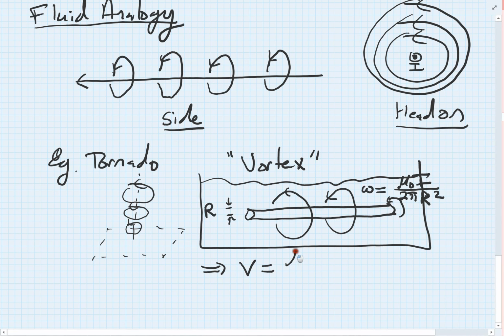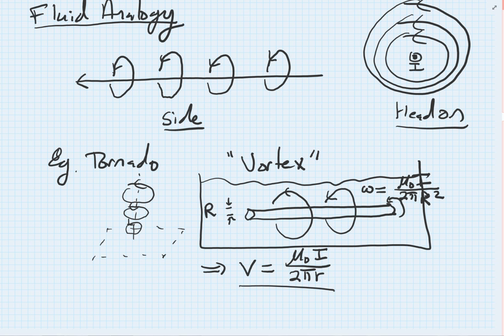In other words, it will come out to be mu naught I divided by 2 pi times distance away from the center. So it not only looks analogous to the type of flow pattern you would induce by rotating your wire, it turns out that it is an exact numerical analog, every bit as exact as our electric world analog.